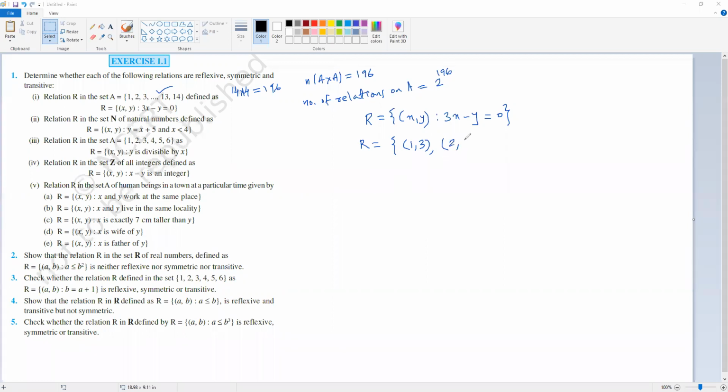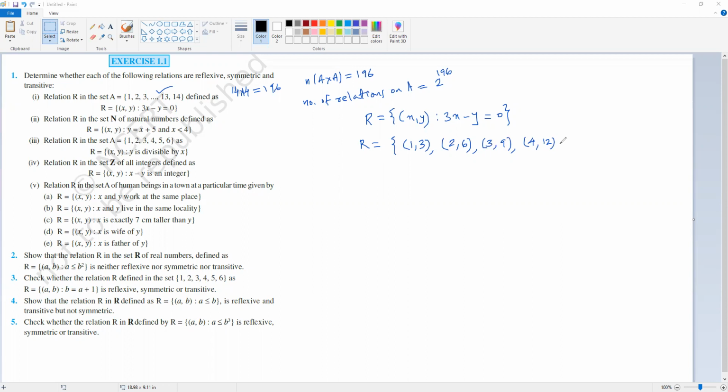So 6 minus 6, so y should be 6. x को आप 3 दे देंगे तो 3 into 3 9 minus y is equal to 0, मतलब y should be 9. x को आप 4 दे देंगे तो 4 into 3 12. So 12 minus 12 is 0, so y should be 12. x को आप 5 दे देंगे तो 5 into 3 15. So 15 minus y is equal to 0, मतलब y is equal to 15.